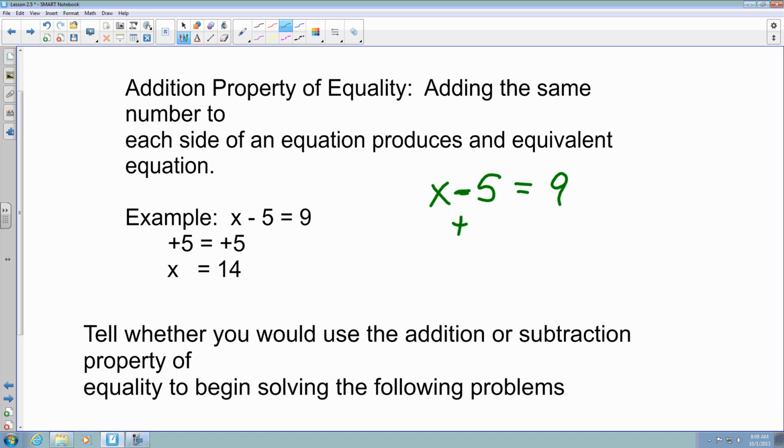So I'm going to add 5 to both sides, because a negative 5 plus 5 will give me 0, so that leaves me with x on the left-hand side, and then 9 plus 5 gives me 14. And then if you want to check that, you substitute 14 in for x, and so 14 minus 5 does equal 9.